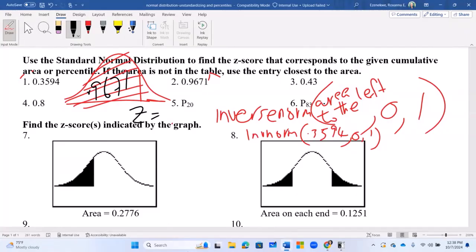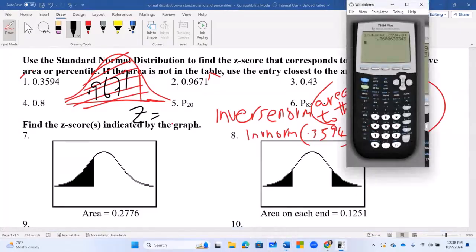So I will go to my calculator again and go to distribution. All I have to do is second enter and then type on top of this, and the area this time is 0.9671.